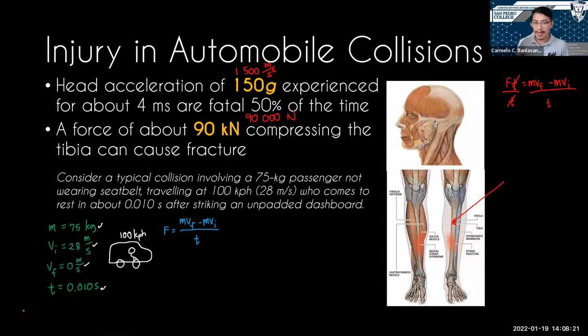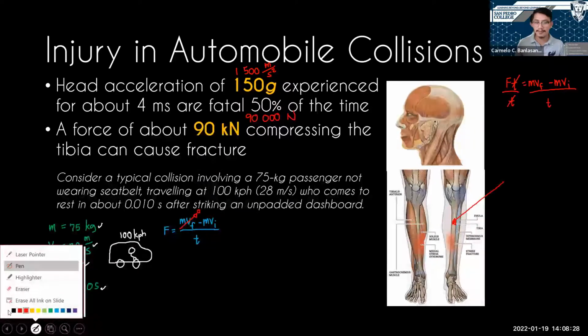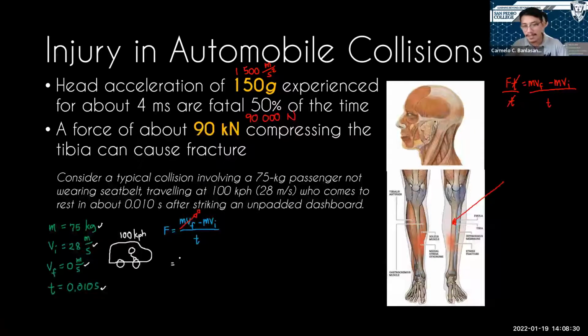Take note of that. We know that the final velocity is 0, so this will be disregarded. That's 0. Got it? So that means the force experienced is negative. Mass is 75 kilograms times the initial velocity, which is 28 meters per second, divided by the time, the duration of impact, 0.010 seconds. And what will be the answer?